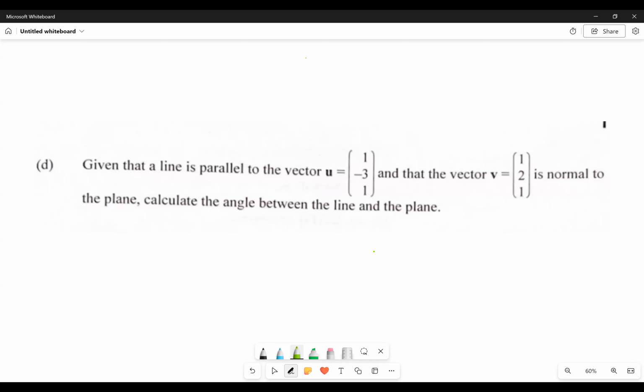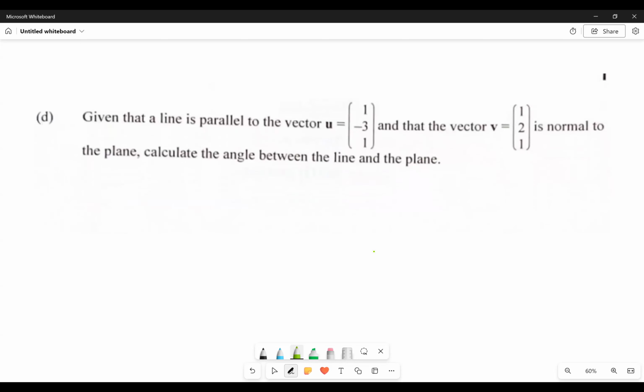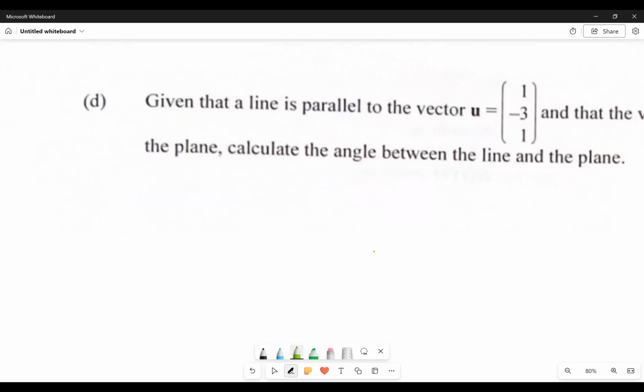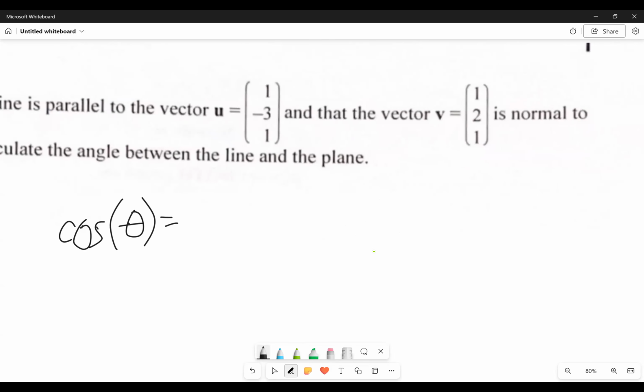So we're going to have the equation I had in the beginning, which is cosine of theta is going to be equal, in this case, to u dot product v over the magnitude of u times the magnitude of v.